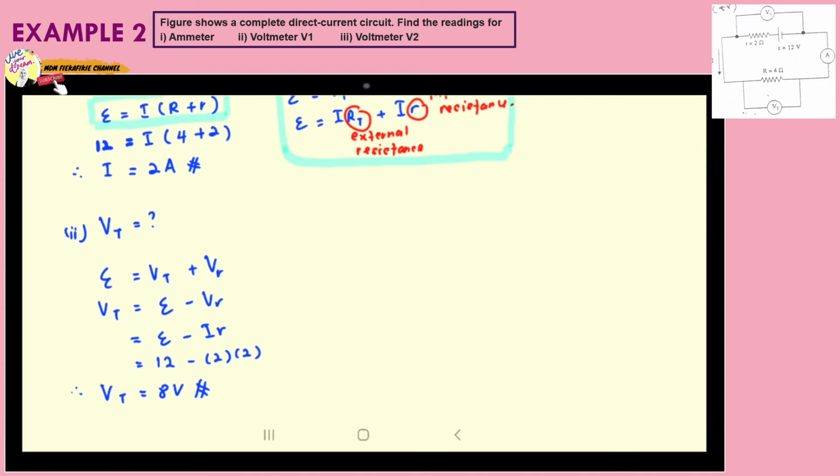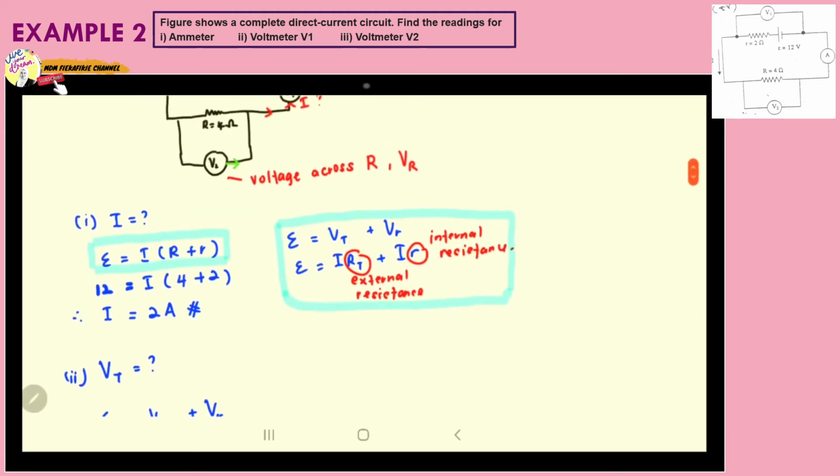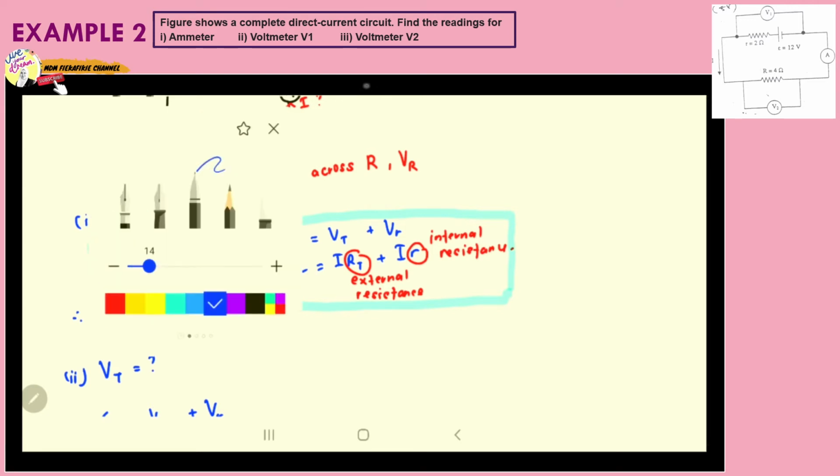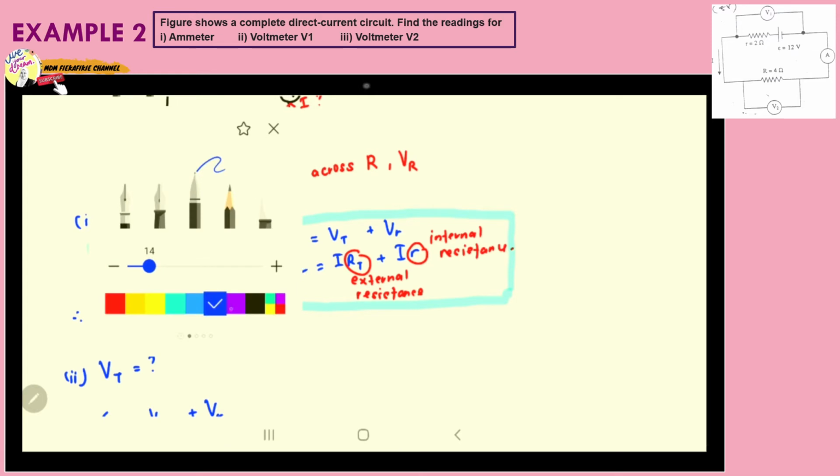Okay, so question number 3. We want to calculate the reading of voltmeter 2. Look here, voltmeter 2 reads the voltage across the external R. So here we just have one external R. For your information, wait, I'll change color.